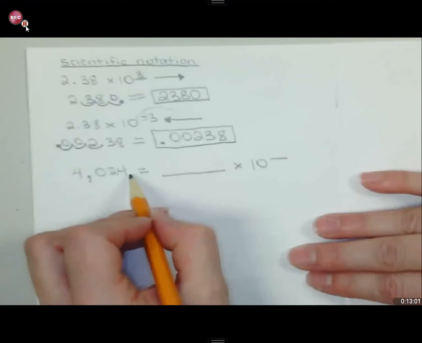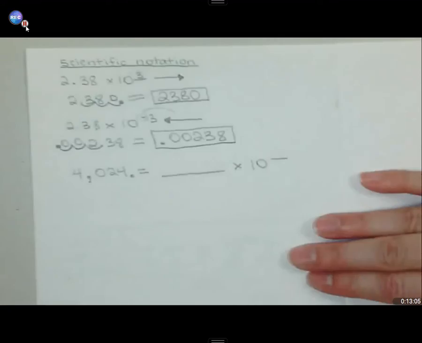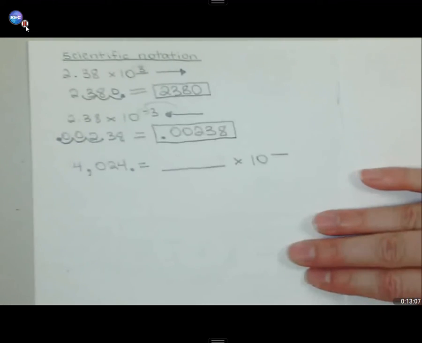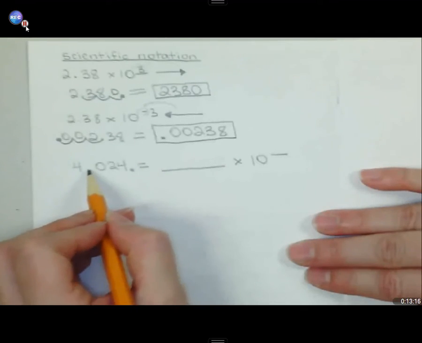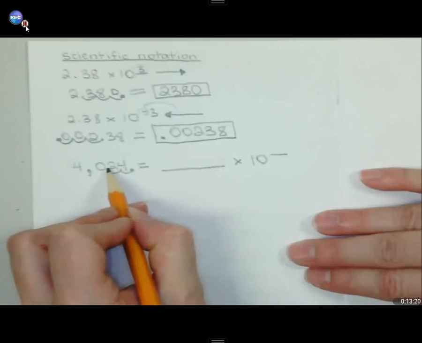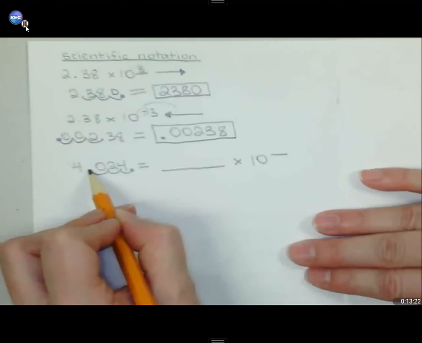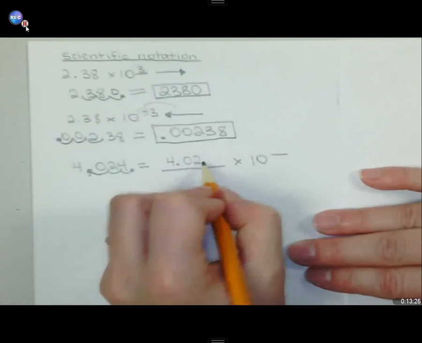So what we're going to do is you're going to go ahead, and there's no decimal here, so we're going to add one at the end. And what we're going to do is we want to make it a number between 1 and 10. So that means that we're going to move it over after this guy. So we're going to say 1, 2, 3. So we're going to move the decimal here. So you're going to have 4.024.